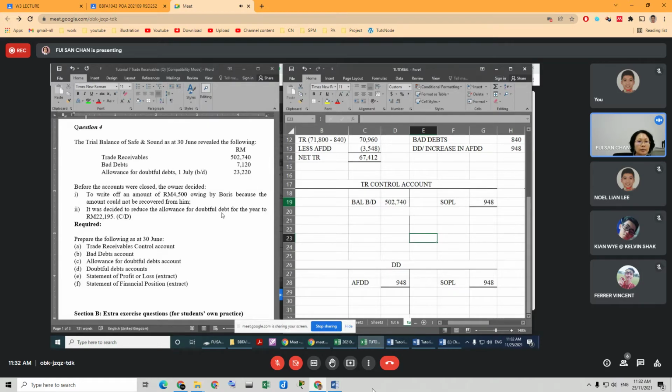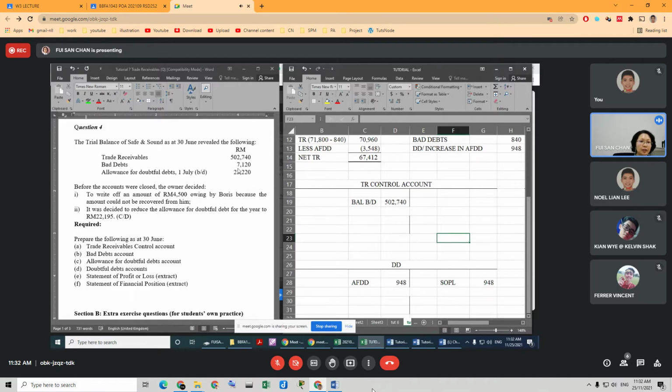Now, any other thing that you need to adjust in your trade receivable control account? Are you sure? Okay, this bad debts already deducted?